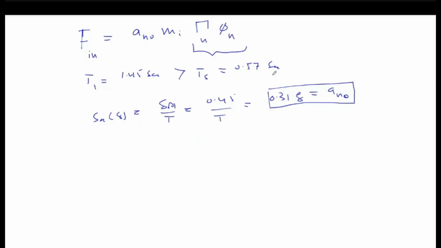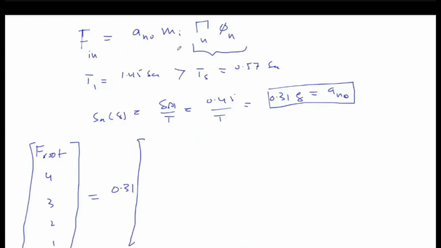Okay, so in case of mode 1, let me just write the forces here. This is the roof level force and the fourth, third, second, and first floor forces. Let me just put these in a vector, is equal to 0.31 multiplied with the mass.